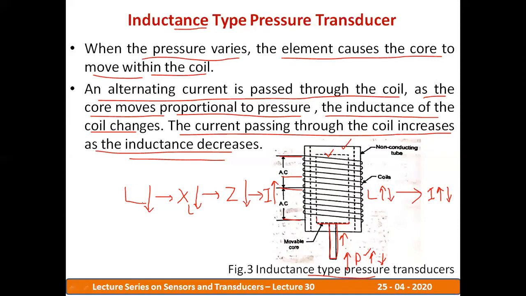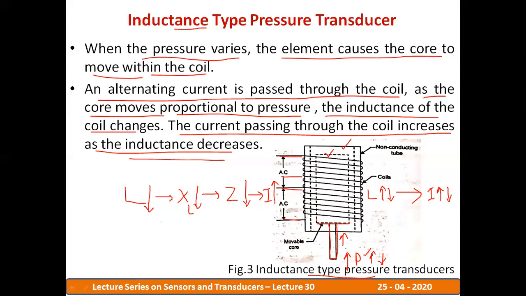Similarly, if the inductance of the coil increases, it will also increase the inductive reactance. Hence, the impedance also increases. If the impedance of the coil increases, the current will reduce.